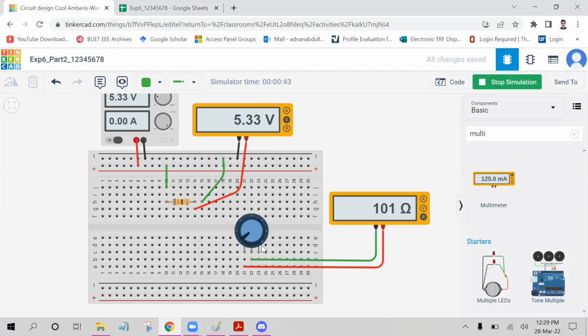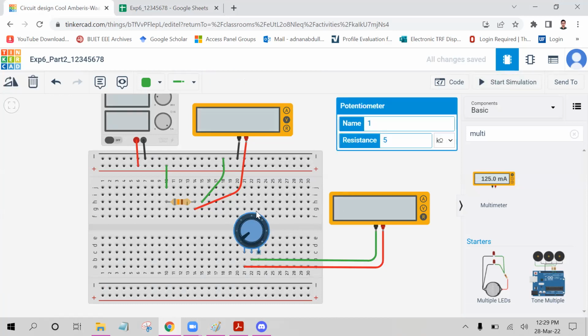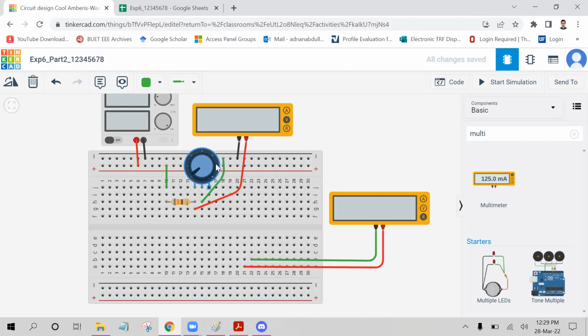Please make sure after a measurement you do not touch this knob, because if this knob is moved, your resistor value will change. So now stop the simulation and put the potentiometer in the original circuit.